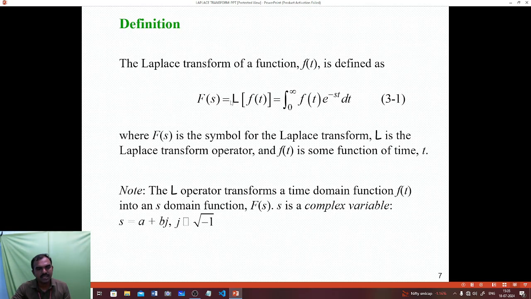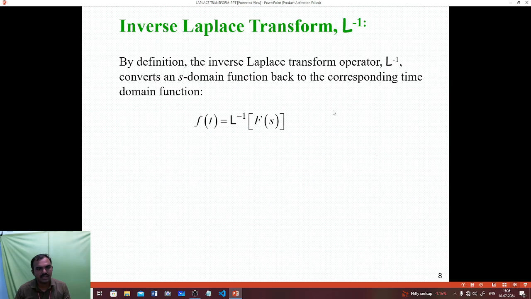Inverse means this L goes to the left hand side. What we get? L inverse of f of s is nothing but f of t, and the formula is integral 0 to infinity, f of s e power plus st dt. That is our inverse Laplace transform.